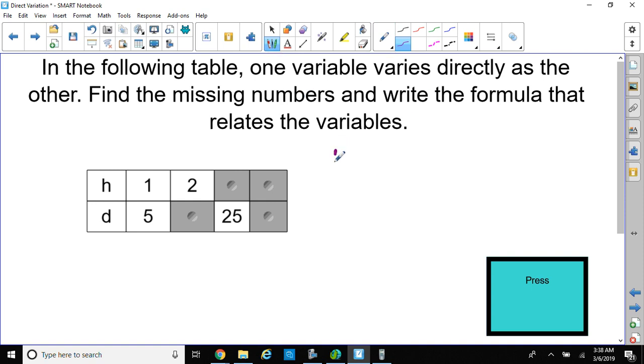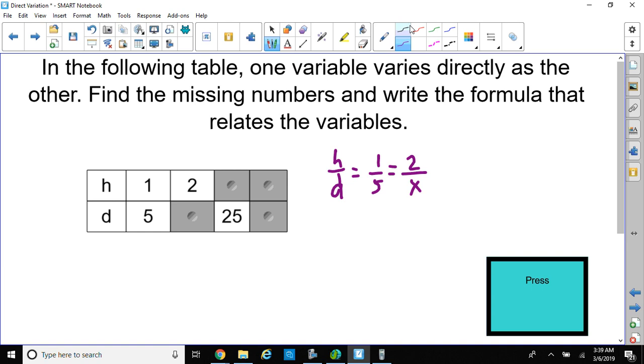So we have H over D. So we got our first fraction 1/5. And we know they're going in the same direction. So all we have to do is try to figure out what would be the missing number. Well, 1 goes up to 2, and 5 goes to X.